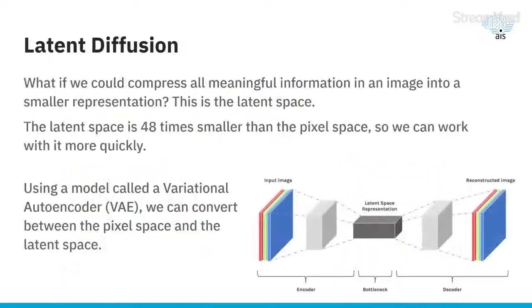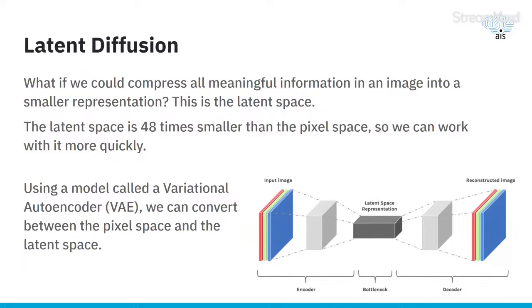So there's a way we can deal with that, and that is something known as latent diffusion. Basically, this all comes down to the idea that you can take an image and compress it into a form where it retains all of its information, or at least all the meaningful information, in the smallest space possible.